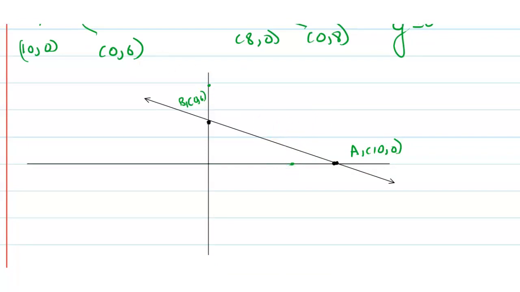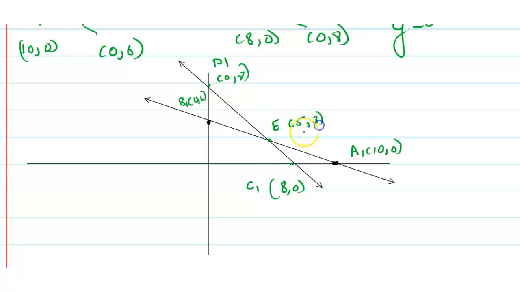Let us join these points. Okay, so here these points were 0, 8 and this point was 8, 0. Let this be your point C1 and let this be your point D1 here. And wherever they intersect, let this be your point E, that will come out to be 5, 3, right?